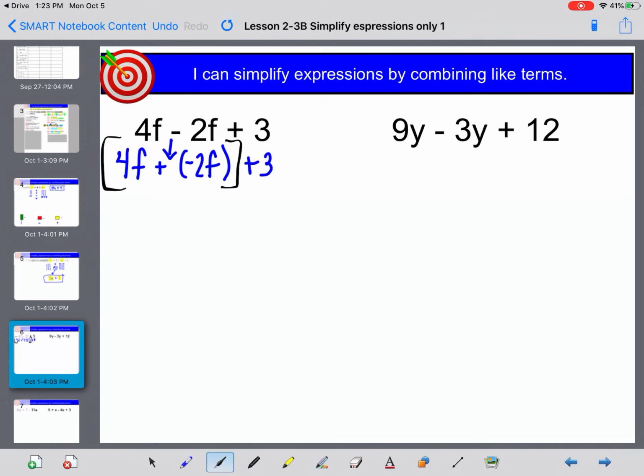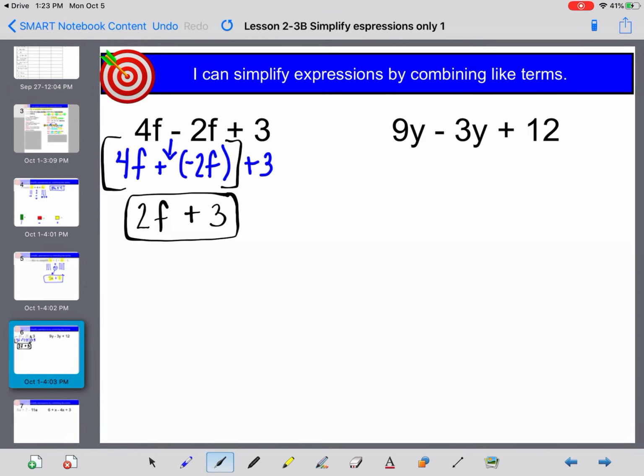When I'm adding negatives, 4f plus negative 2f, I have 2 different signs, so I subtract and I give it the sign of the larger absolute value. So 4 is bigger than 2, so it's positive 2f. And then 3 doesn't have anything to combine with, so my answer is 2f plus 3.